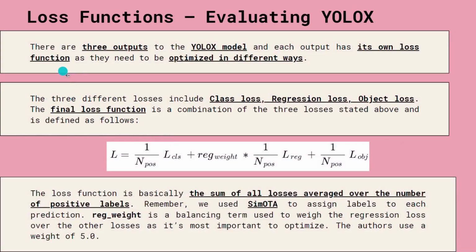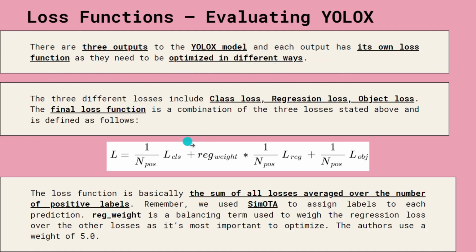Next, we're going to see the loss function that was used in the YOLOX model. There are three outputs to the YOLOX model, and each output has its own loss function, and they need to be optimized in different ways.